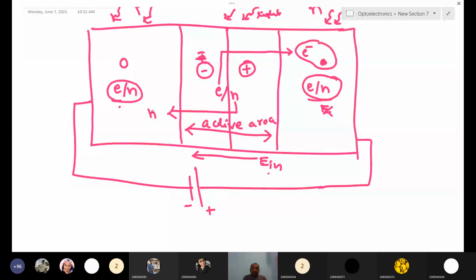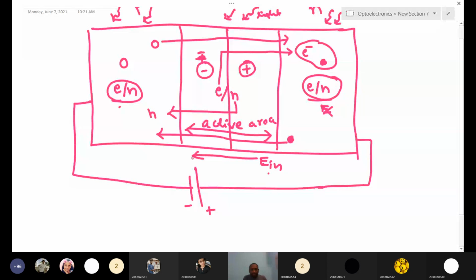Here I want to tell you one more point. With reverse bias applied, in the p type, holes are the majority, and these will also sometimes diffuse. Some of the carriers will diffuse. And in n type also electrons are the majority, and these will also diffuse.